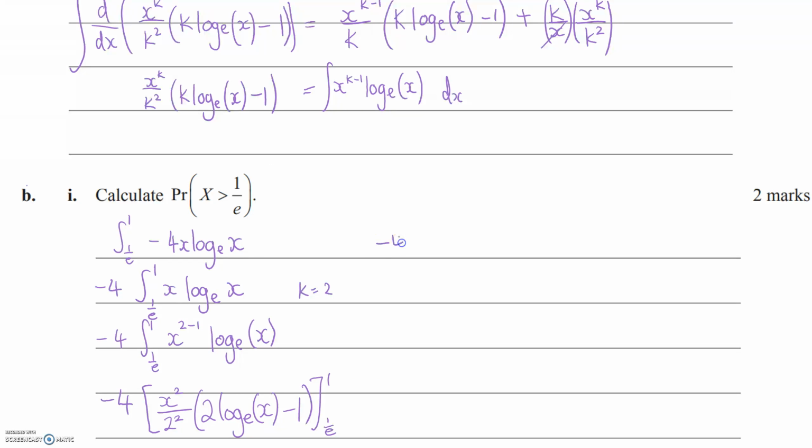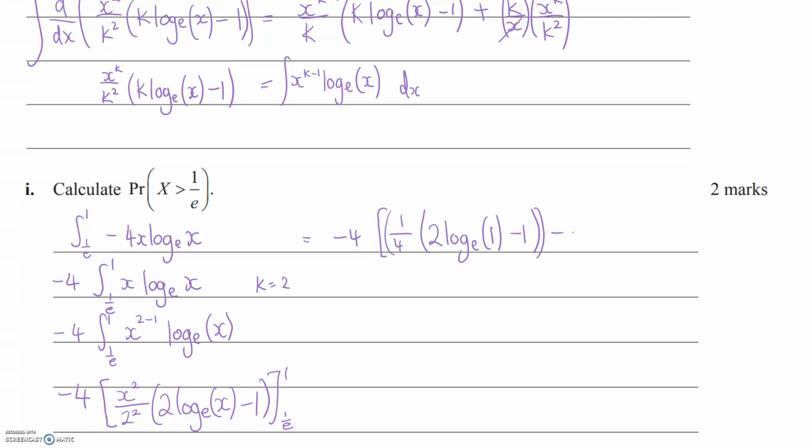So I've got -4, which I'm going to keep on the outside. I'm going to substitute in that 1 squared on 4. So technically just a quarter. Let's not overcomplicate it where we don't need to. Times by 2 log e of 1, take 1.